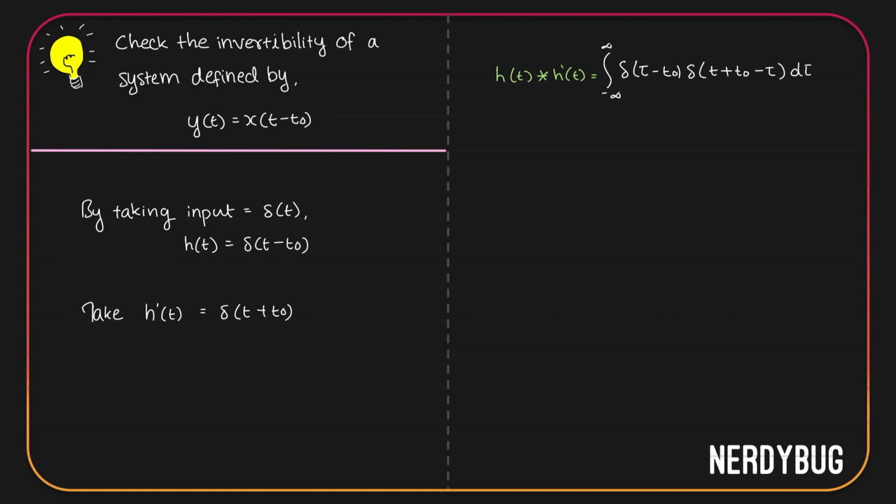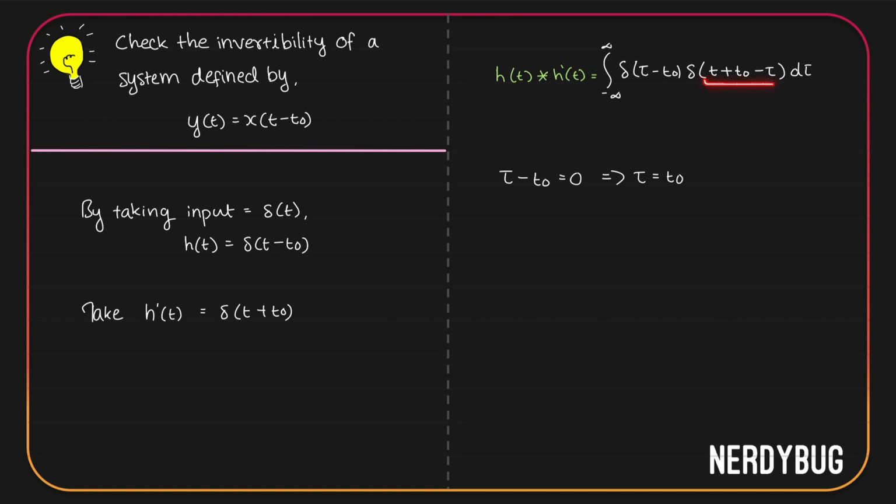Rather than mathematically, let's try to intuitively solve this problem. What are we actually doing when we take convolution? We are trying to find the points where the two functions overlap. This is an impulse function. An impulse function is found wherever whatever is in the bracket is equal to 0. So the first one will be found when tau minus t naught is equal to 0, or tau is equal to t naught.